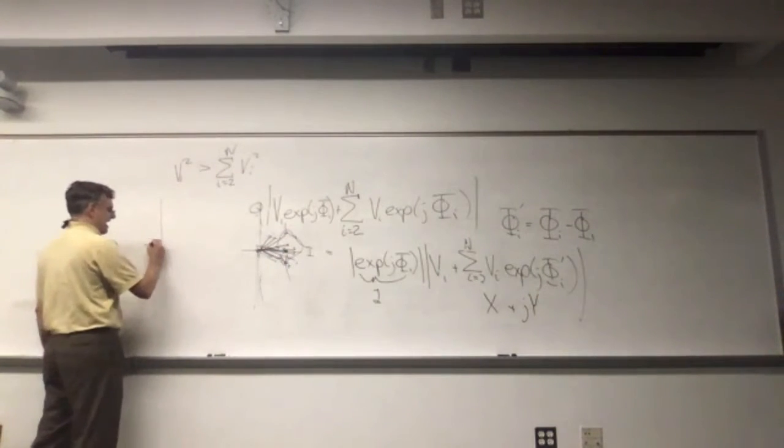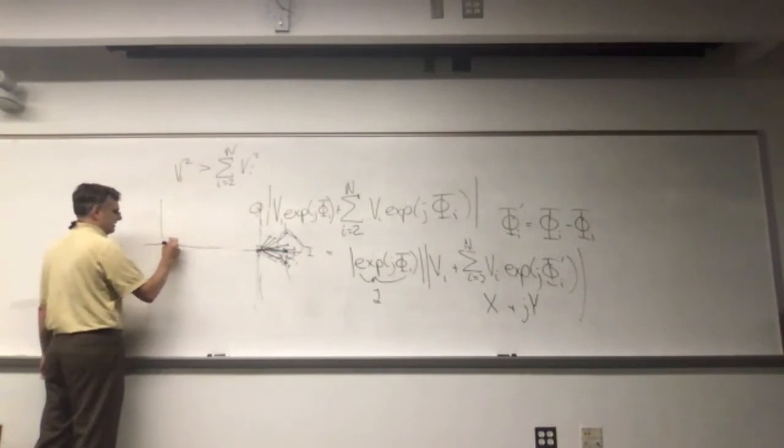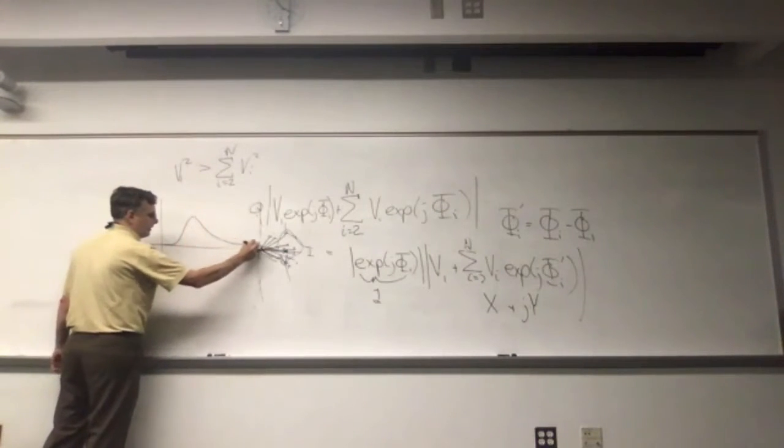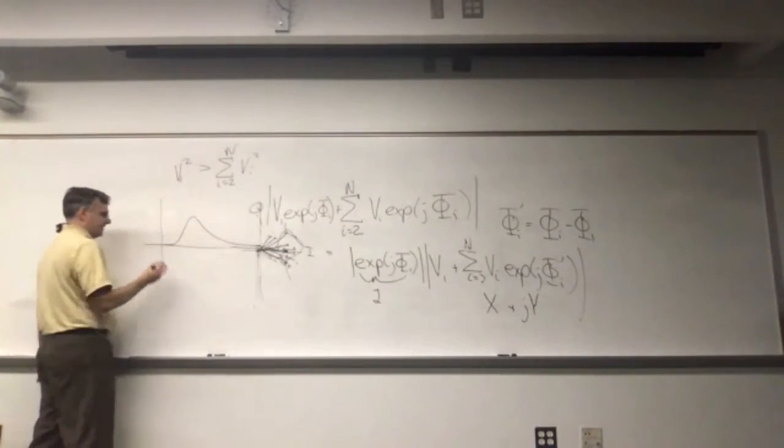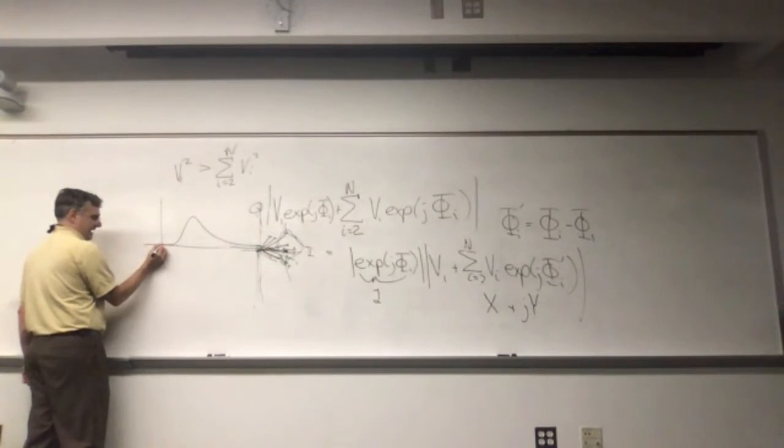If I sketch that out, it's probably going to look something like this. It doesn't exactly look like a Gaussian, and in fact, it can't be a Gaussian because it's got to go to 0 here.